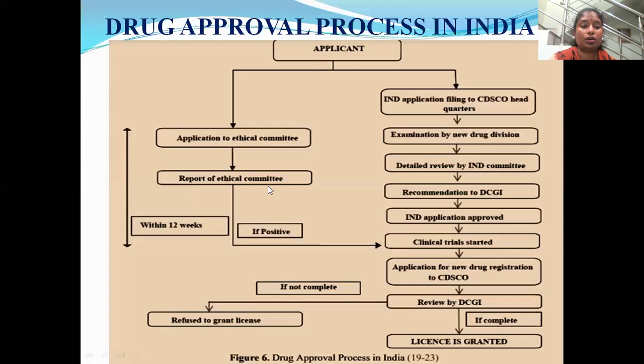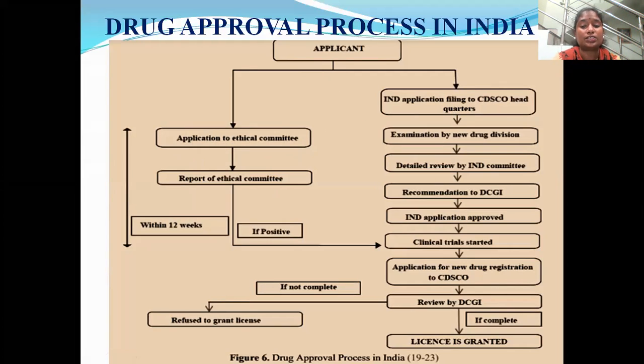One application we submit to the ethical committee, and one application we submit to the CDSCO. This application is thoroughly verified by the ethical committee, and only then will they give approval, both from the animal ethical committee and the human ethical committee. After getting these reports, we can start the clinical trials.